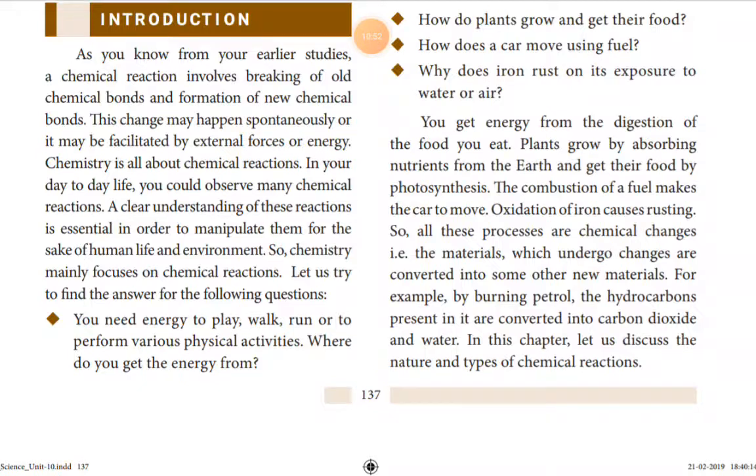Reactions take place spontaneously or in the presence of some external force, and some examples are given. And also during a chemical reaction, reactants combine to form new substances. The new substances are called products.